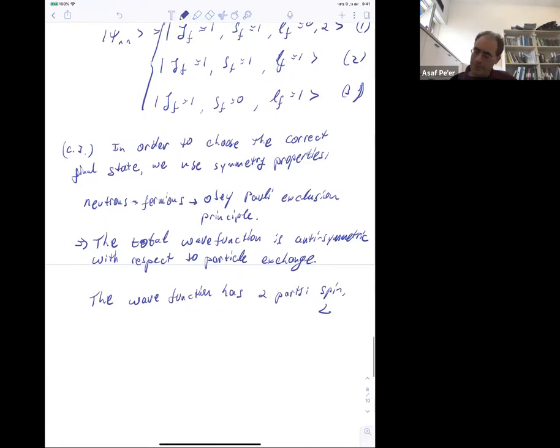Let's look at the spin. So S equal to 0, you can think of it as 0, 0. It should be proportional to spin up, spin down, minus spin down, spin up. This is of course antisymmetric.